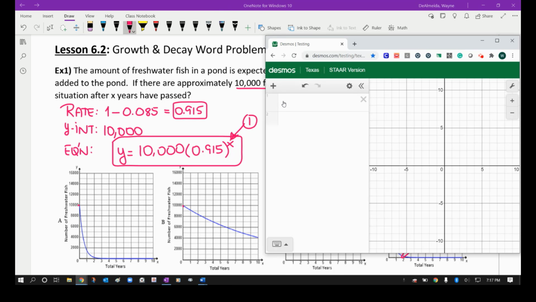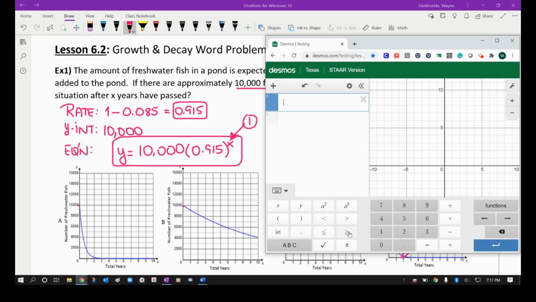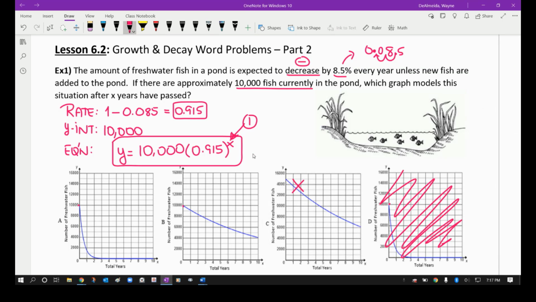Let's go ahead and enter our value, which is 10,000, open parentheses, 0.915, close parentheses, raised to the first power. Okay, and we notice that the amount is 9,150.